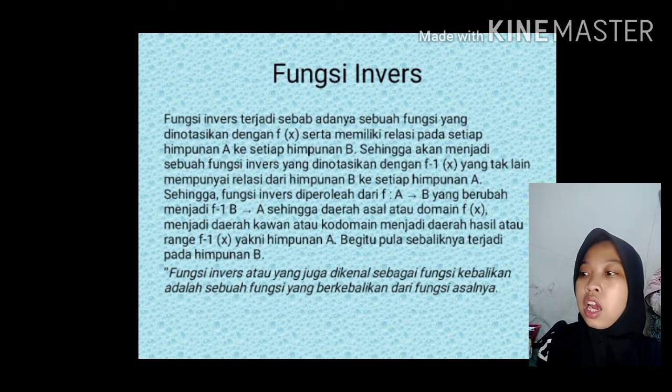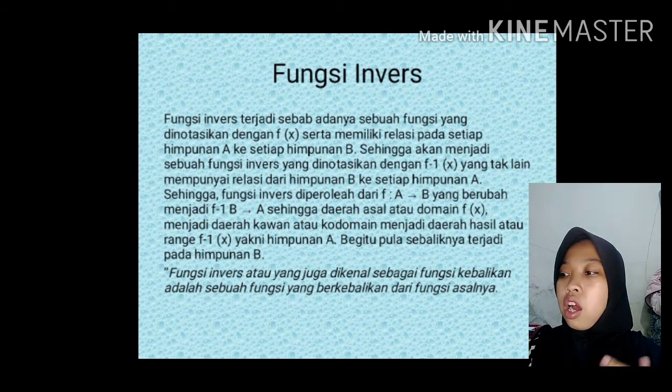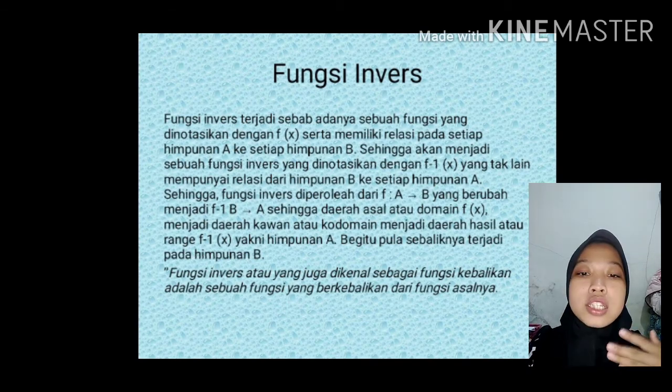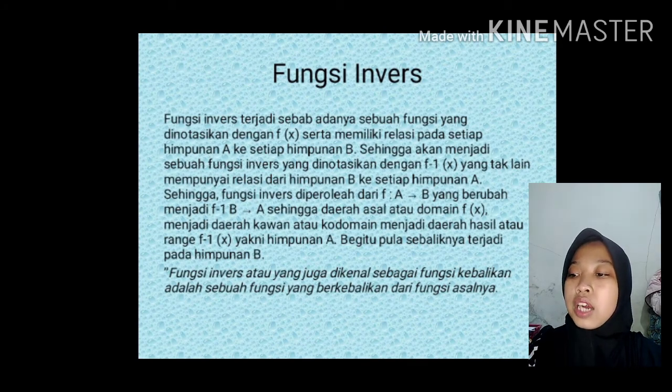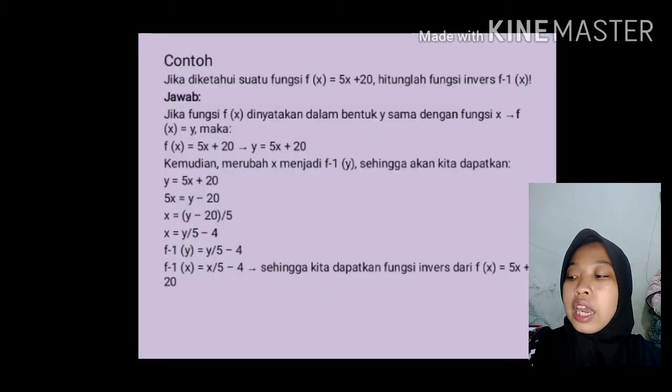The inverse function occurs because there is a function denoted by f(x) that has a relation from set A to set B, so that it will be an inverse function, denoted by f minus 1 of x, which is nothing but a relation from set B to set A. So the inverse function is obtained from f from A to B, we change to f minus 1 from B to A, so that the origin or domain becomes the codomain area, and the yield area or range is the set A.